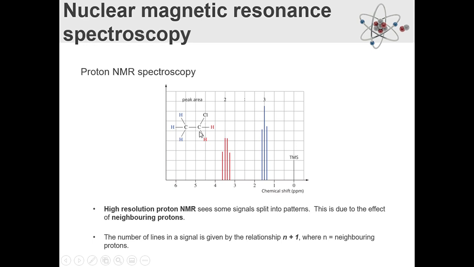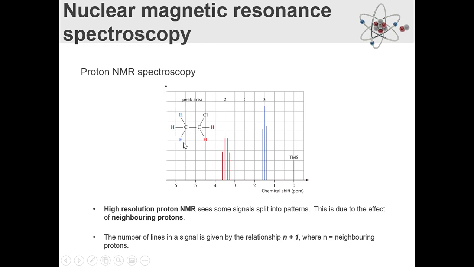How many protons are there? There's 1, 2, 3 protons, sorry, not peaks. So it gets split into 3 plus 1 peaks, where it's actually 4 peaks.